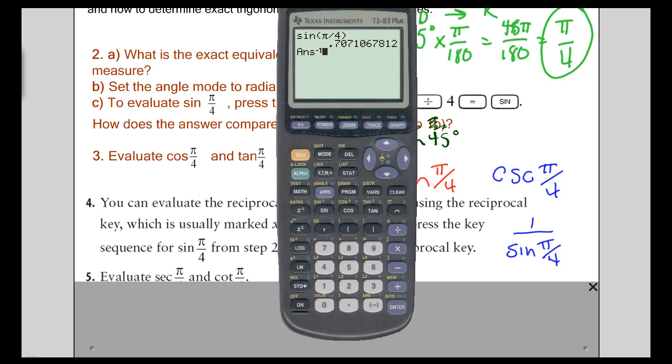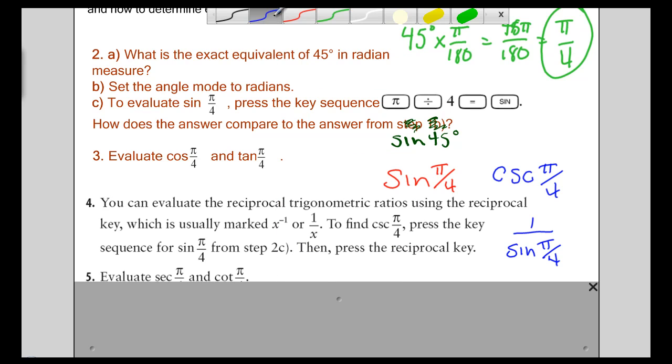When I press it, it takes whatever my last answer was and finds the reciprocal of it. And so the answer for cosecant of pi over 4 is going to be 1.414. That's usually the easiest way to determine it. Make sure you are taking the reciprocal of sine of pi over 4, not just pi over 4.